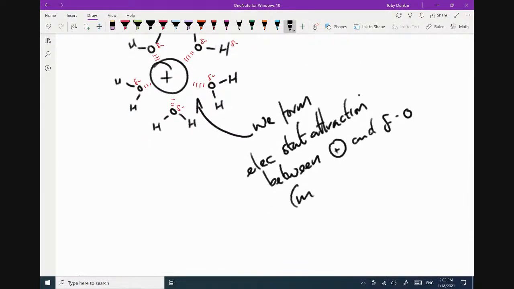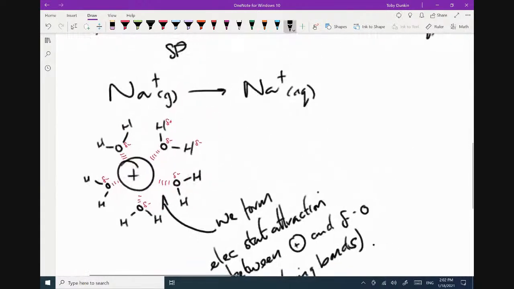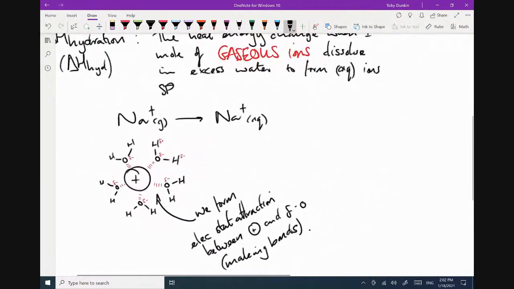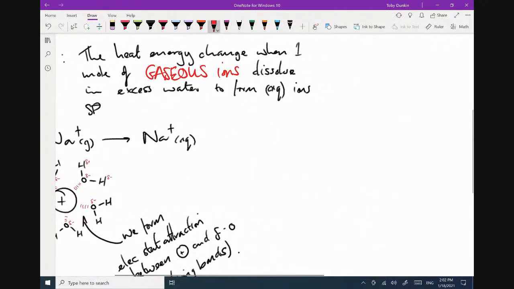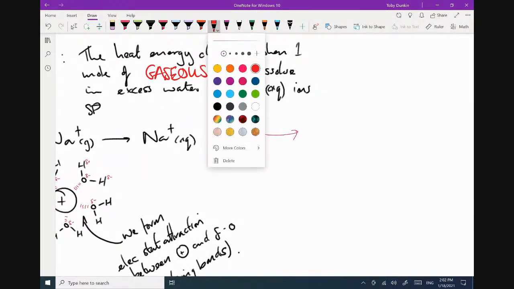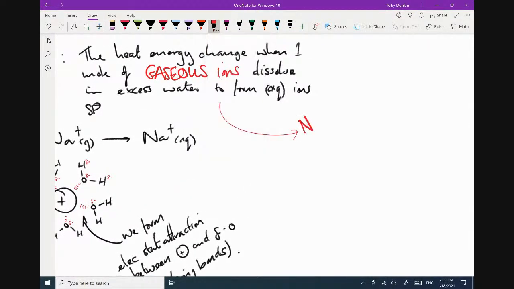We are making bonds. If we are making bonds, we know that this process must be exothermic, and that's the nota bene: delta H hydration is always, underline, exothermic, because they're making bonds.